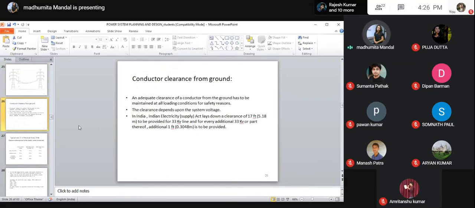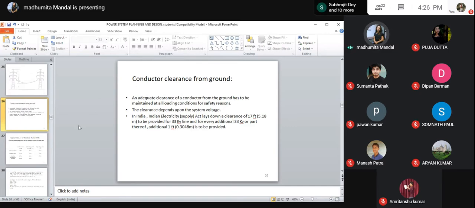There is a particular rule for this ground clearance. For safety purposes, a particular ground clearance has to be maintained at all loading conditions. This clearance will depend on the system voltage.